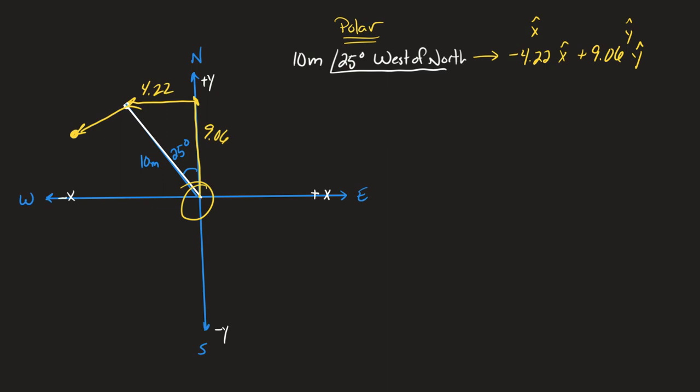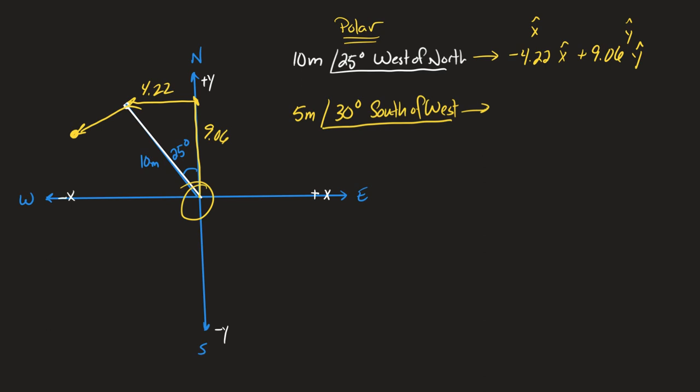This is what I need you to do. Now that means there's another vector here, 5 meters, 30 degrees south of west. The only way we can do this is if we convert this first to rectangular, and then from there, add our components together.